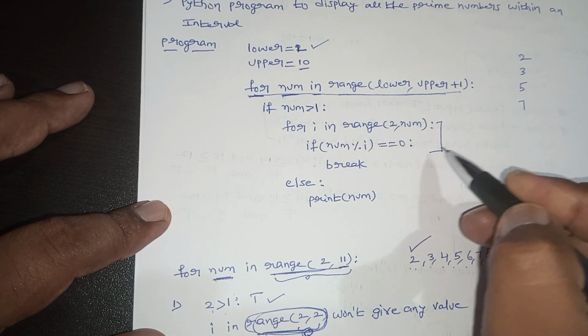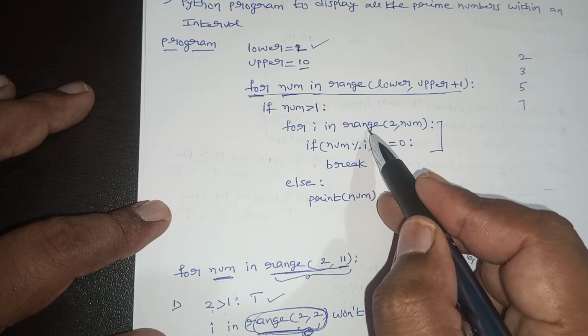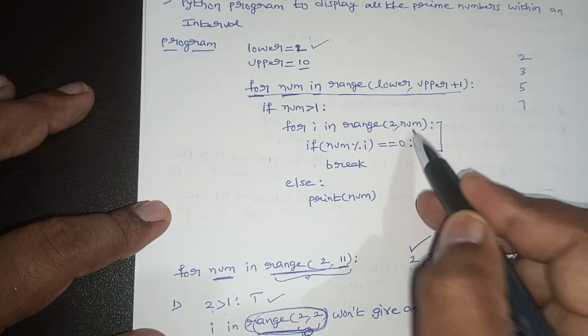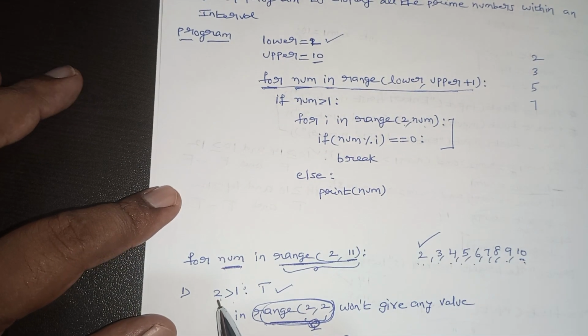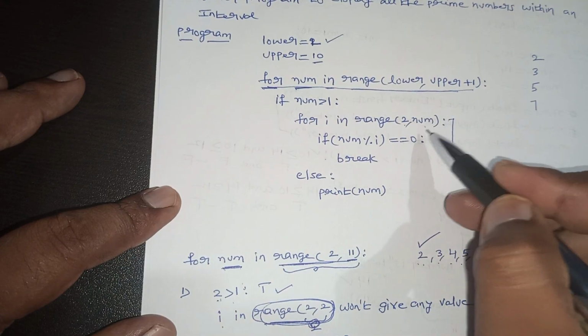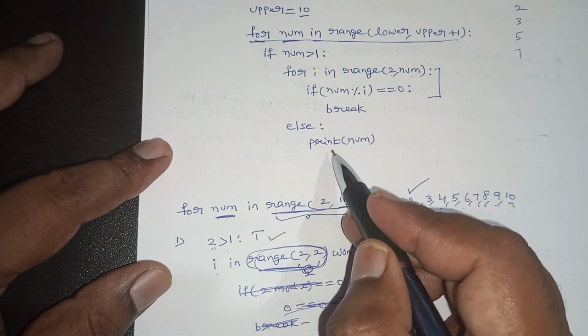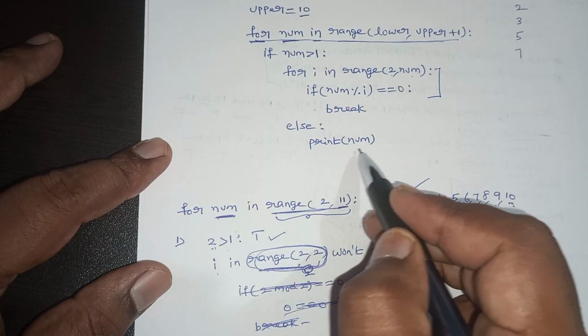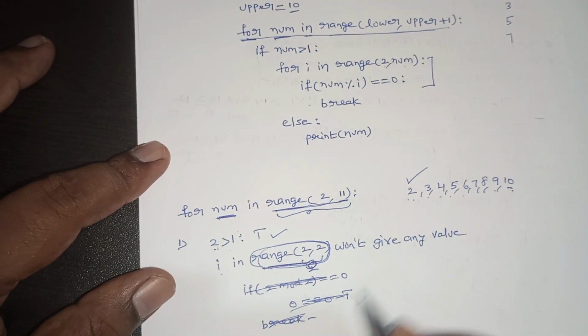You have to make a note, because the range is 2 comma num, where num equals 2, so this is not giving any value. Then simply print num. So what is num here? 2. So 2 is a prime number.